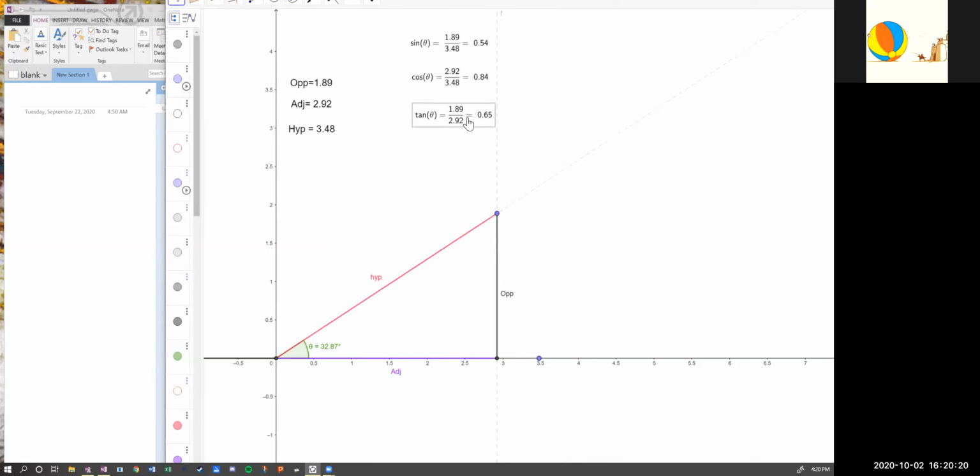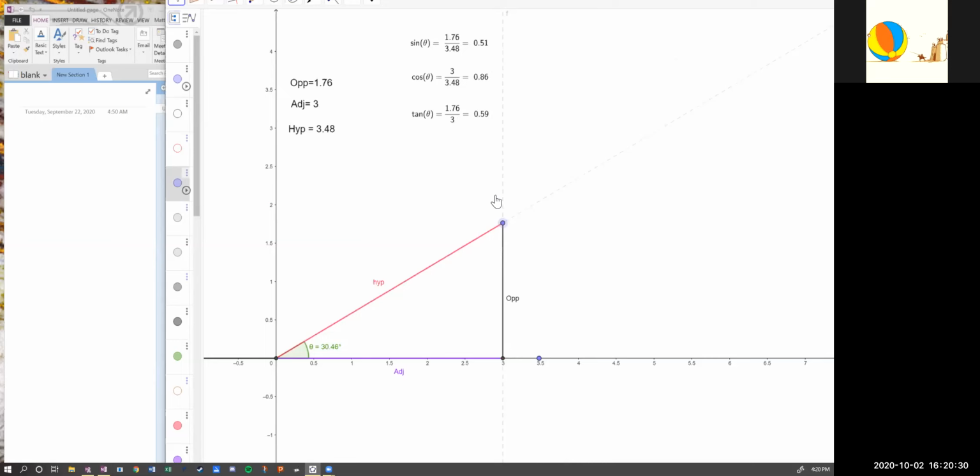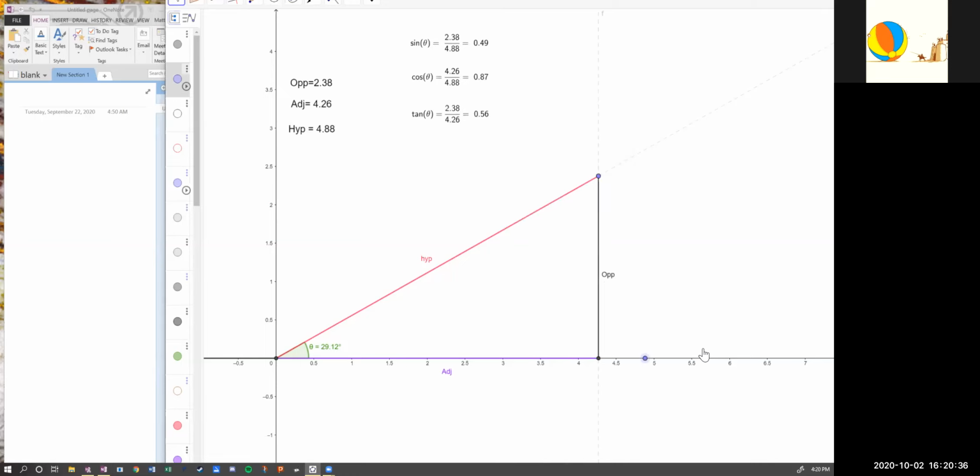Tangent, same thing. Tangent is just the ratio between our opposite and adjacent lengths. So again, as the angle changes, those values change. But notice all of the trigonometric functions, if I instead just change the scale, all the values change except the ratios. If that angle is fixed, those ratios are fixed.